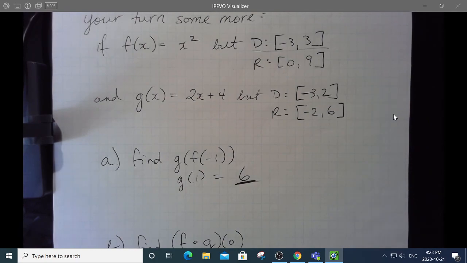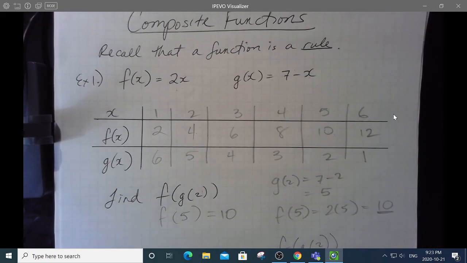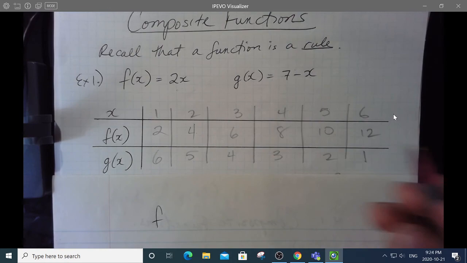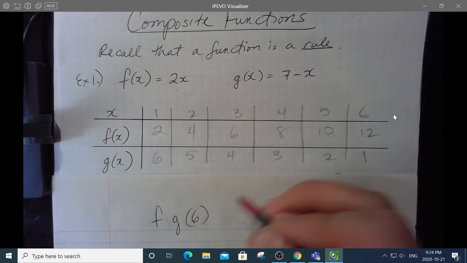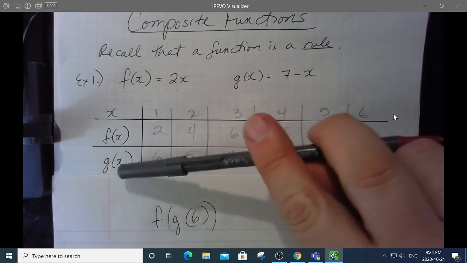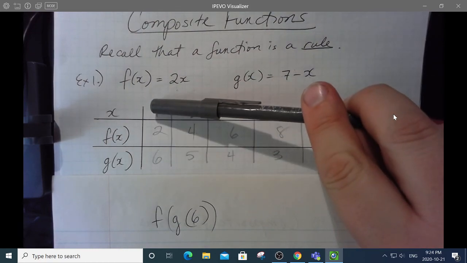So another good way of thinking about this is to go back to the first page, to the chart guy. Remember the chart guy a minute ago? I'm just going to use a scrap piece of paper. I'm going to ask you to find f of g of 6. Can you find f of g of 6? Well, let's see. g of 6 is 1, and f of 1 is 2.